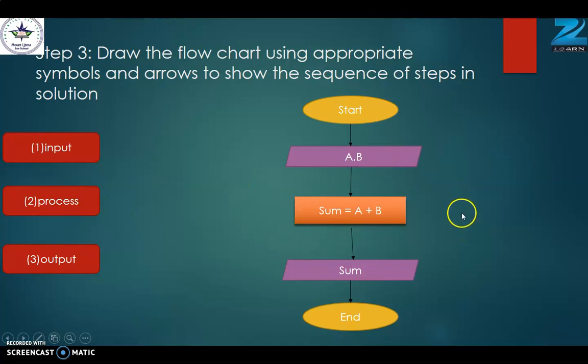Process, that is represented by a rectangle. Sum equal to A plus B. Then output, again represented by a parallelogram. So if we follow the first and second steps clearly, and if we understand what are the symbols used to draw a flowchart, then it will be very easy to draw any flowchart.